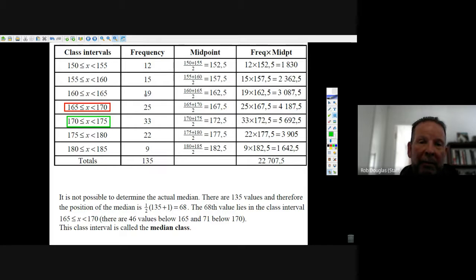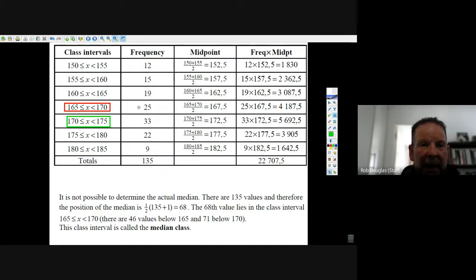If we add these numbers, we get 30, we get 44, two more, 46. If we add 25, we're going to get 71. That middle country must be somewhere in here. So the median class, where the median lies, is somewhere between 165 and 170. That's the median class.